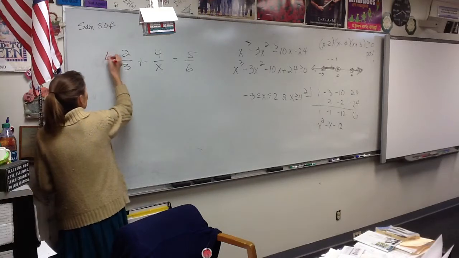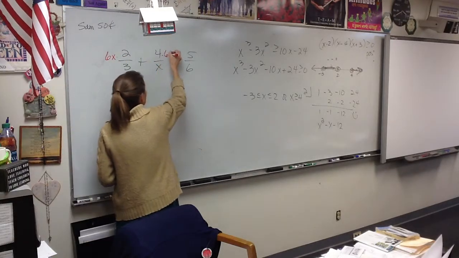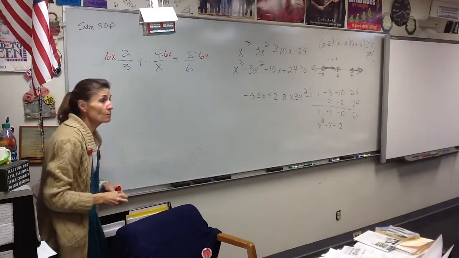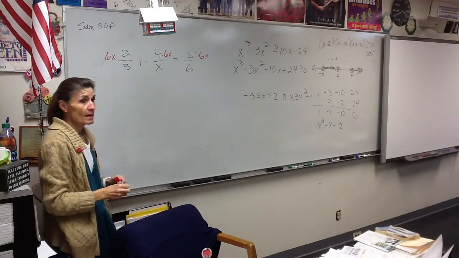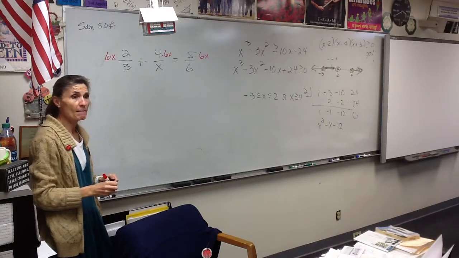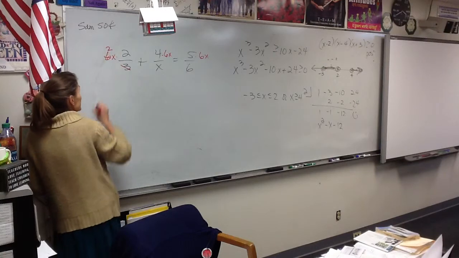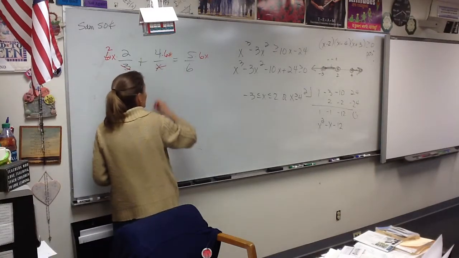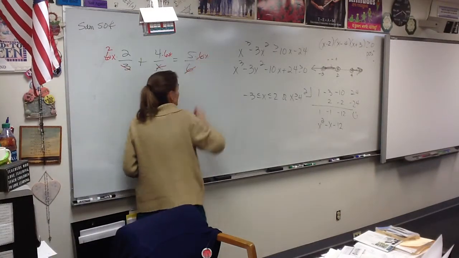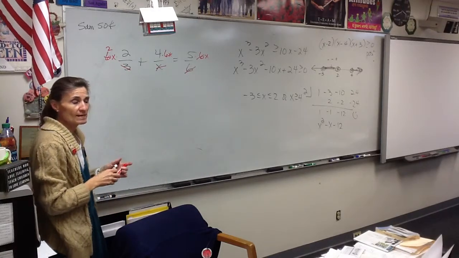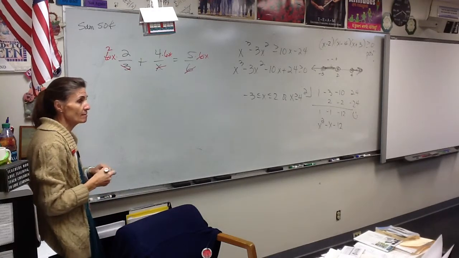The smallest one is 6x. But you will get the right answer as long as you multiply by something that will cancel out a 3, cancel out an x, and cancel out a 6. Any number will work as long as it cancels those 3 things.